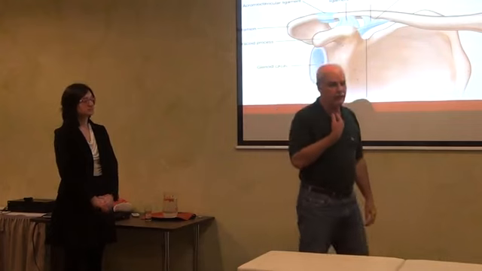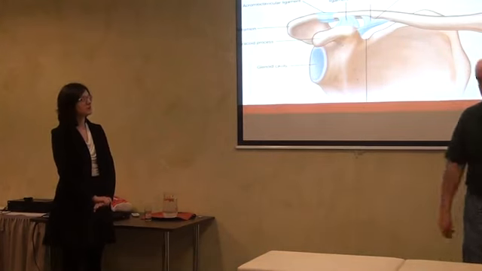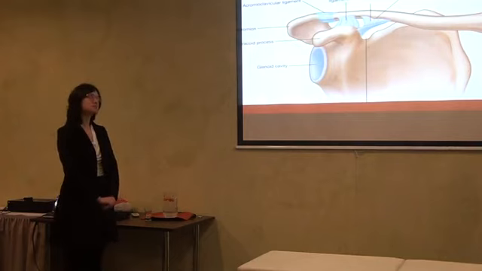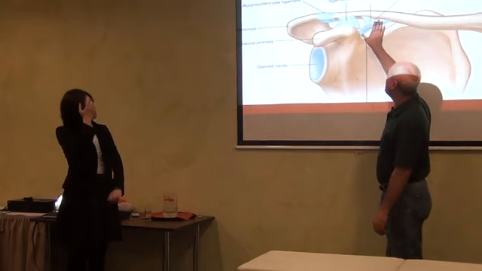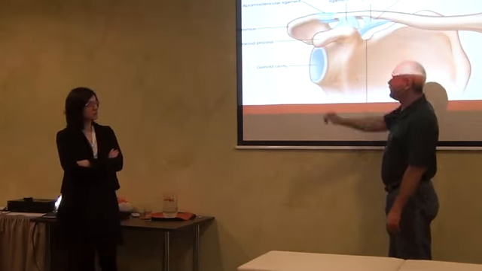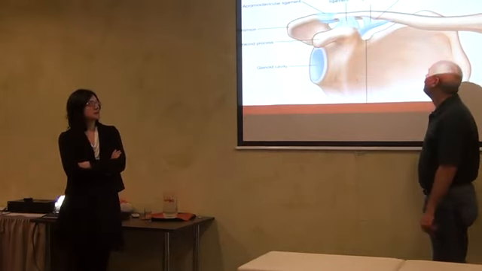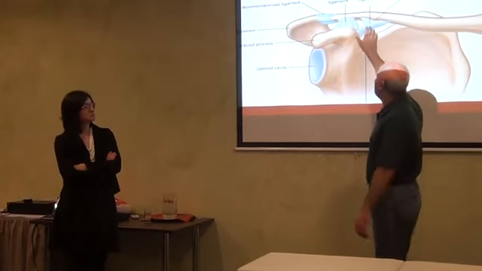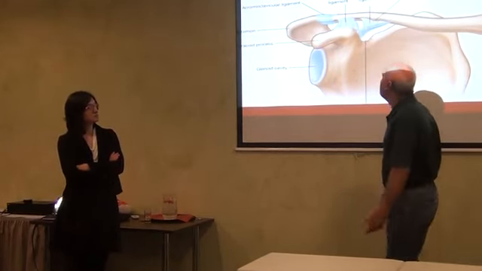Now, trapezoid and conoid. Conoid is more medial, trapezoid is more lateral. Conoid is longer than trapezoid, and it has a different orientation and different shape.